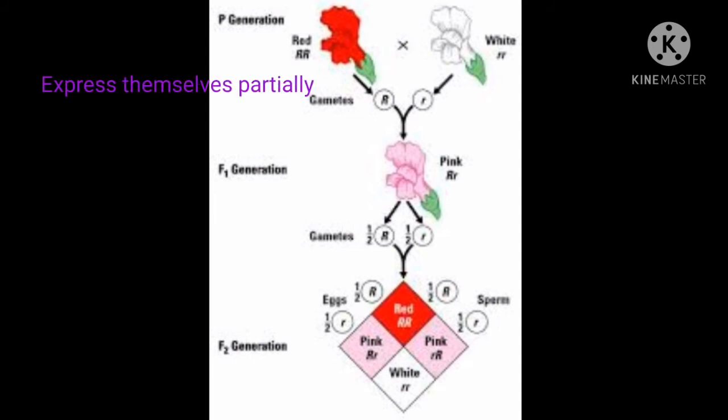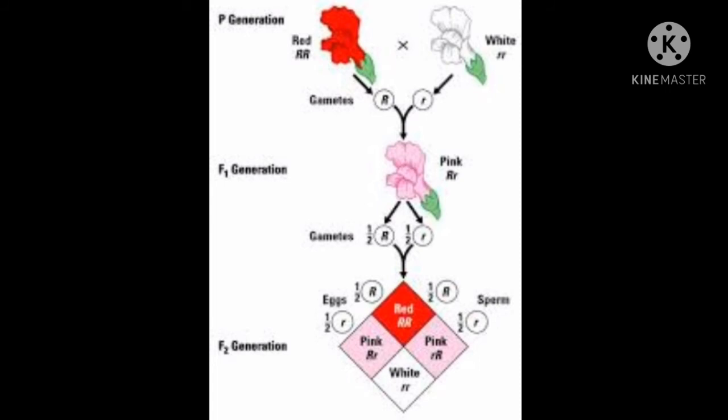One gene cannot suppress the expression of the other completely. Thus the pair is not one dominant and the other recessive, because dominant characters are expressed in the F1 generation, but in incomplete dominance there is intermediate expression in F1 hybrids. That's why one gene cannot suppress the expression of the other completely.